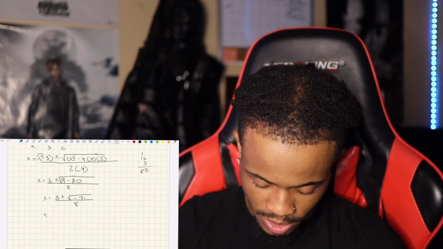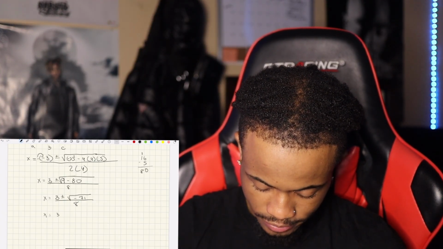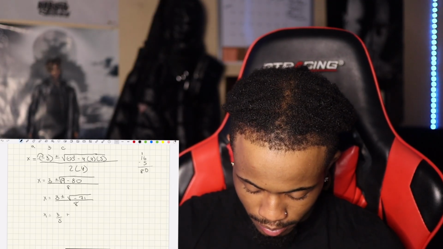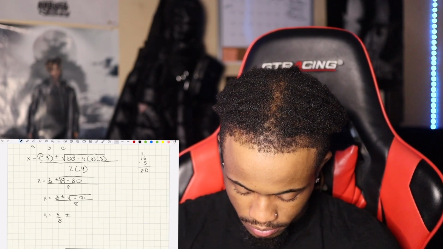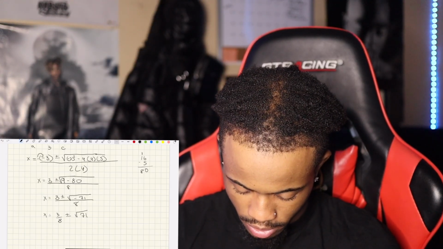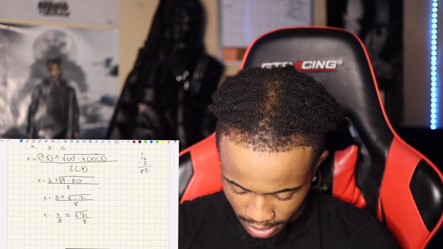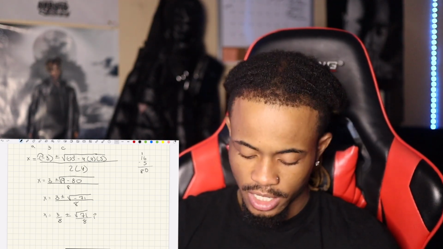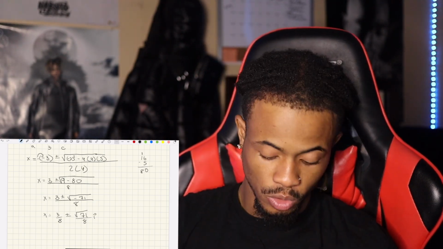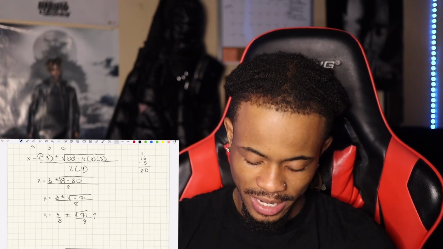So x is going to be equal to 3/8 plus minus the square root of 71 over 8i. Now, we left the square root of 71 like this because we actually cannot take the square root of 71. So we're going to leave it at square root of 71, but then we have to leave the i at the left of it.